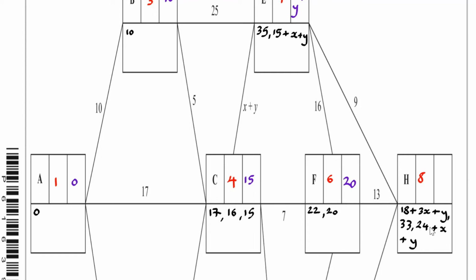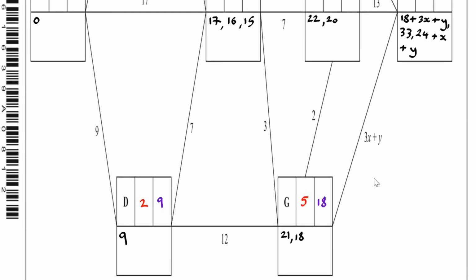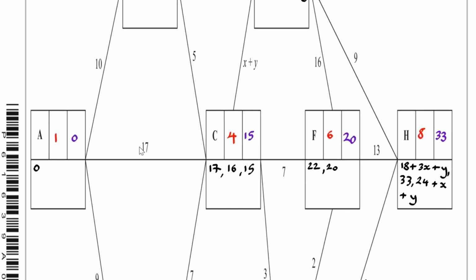Now, the smallest value out of all of these in this box will be the 33. So we bring forward a 33 into this box here, and therefore what you'd find is the shortest distance from A to H is 33.